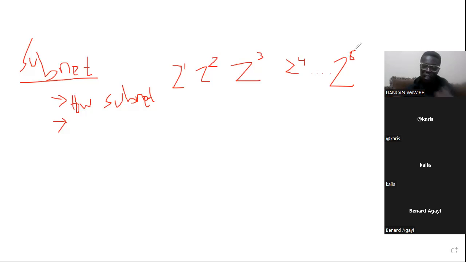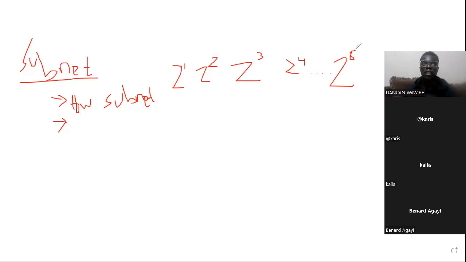When you are talking about a class D or a class E type of IP address, that is up to 6. So let's say I want to divide into 5 subnets. What am I going to pick? 2 to power 1? No, those are 2 subnets. 2 to power 2? No, those are 4 subnets. So that will force me to take 2 power 3, which is 8 subnets. That means I consider what they have now as 5, and of course there is an addition of 3 extra. That's what I'm talking about, future.